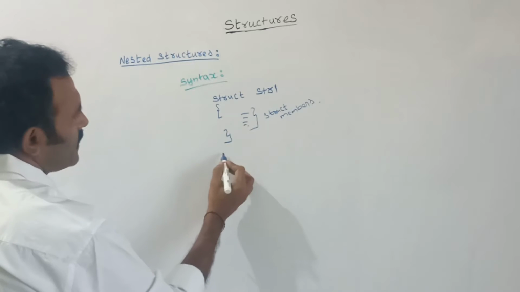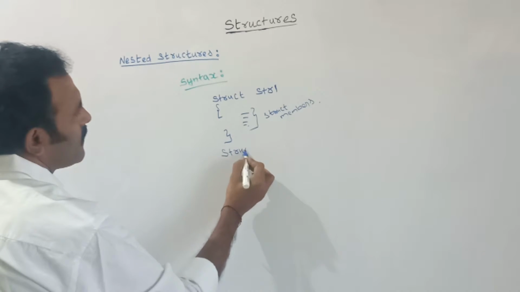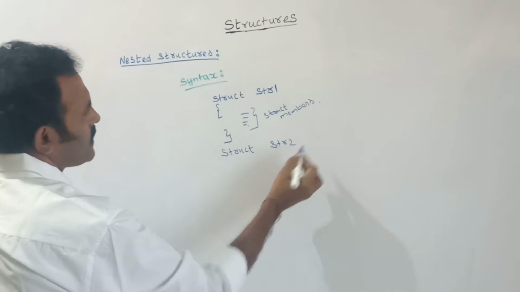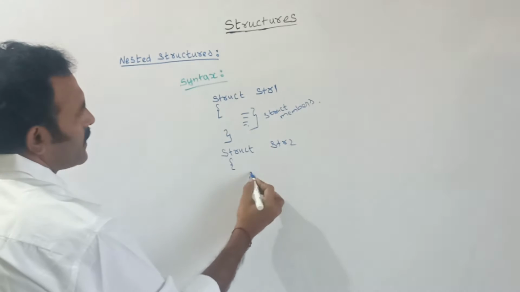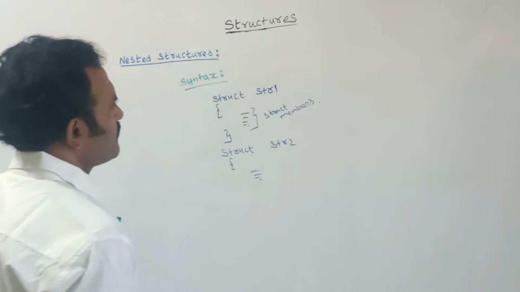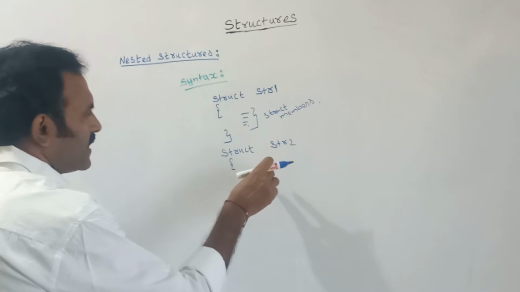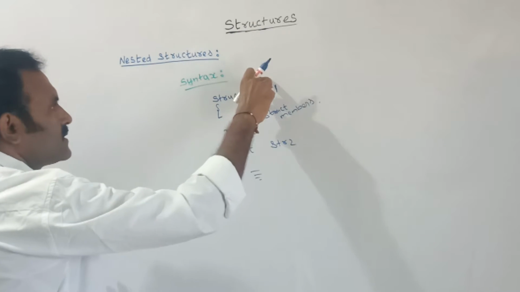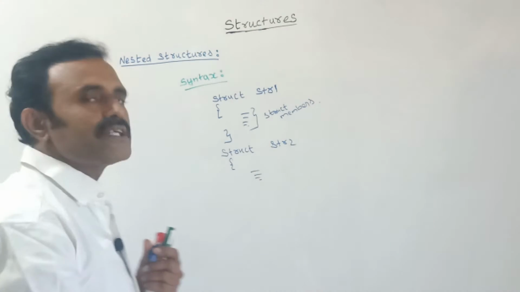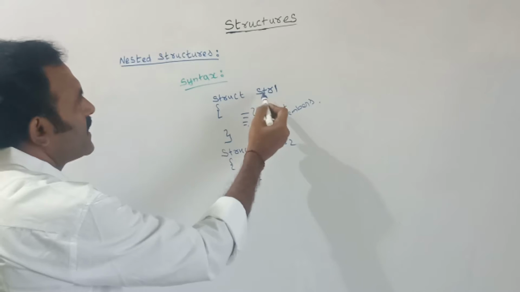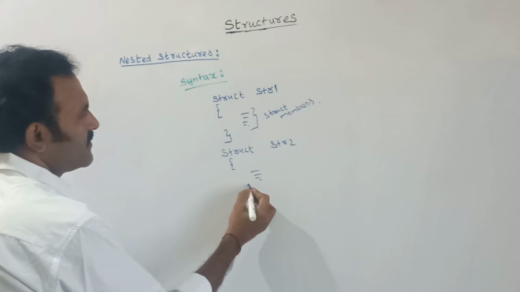Next, structure 2. Here also we can create structure members. Here we can create a structure variable as a structure member, so a variable for structure 1 can be created right here.